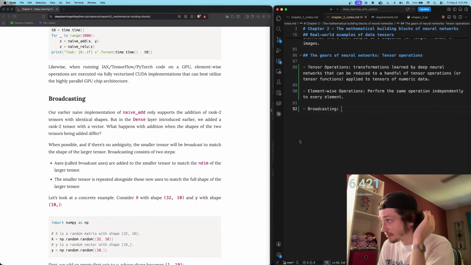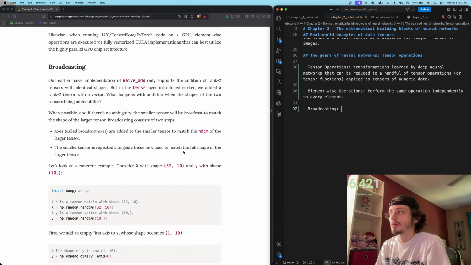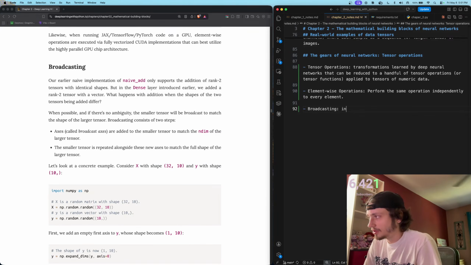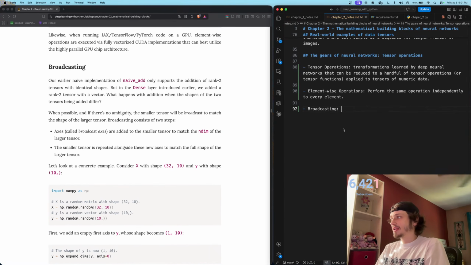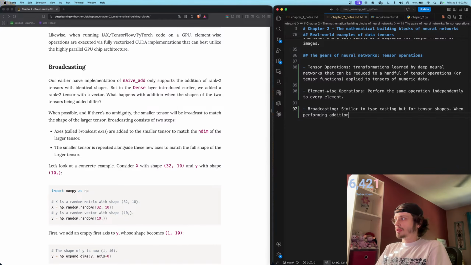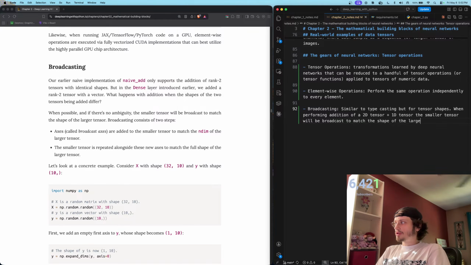When possible, if there's no ambiguity, the smaller tensor will be broadcast to match the shape of the larger tensor. It's kind of like typecasting, but for tensor shapes.